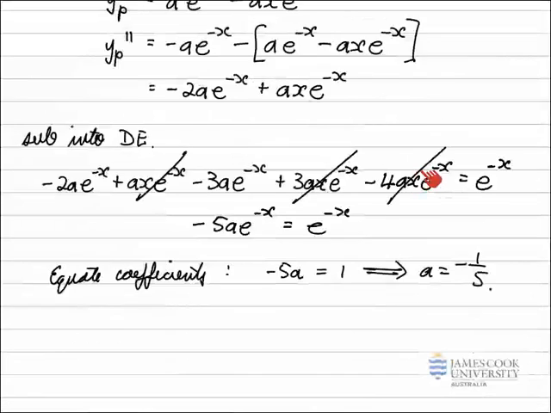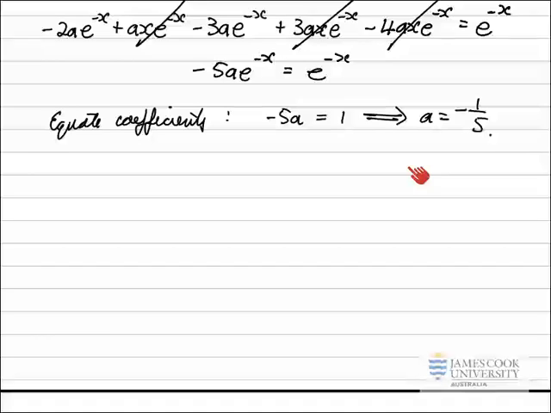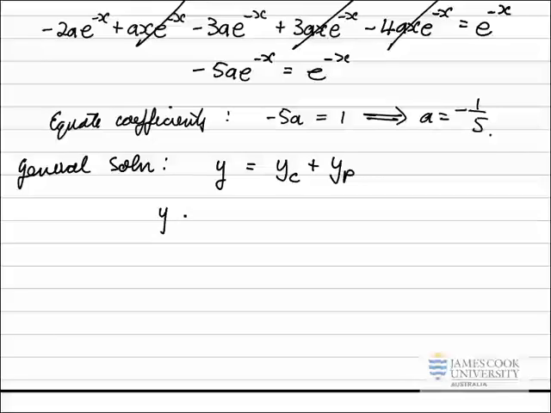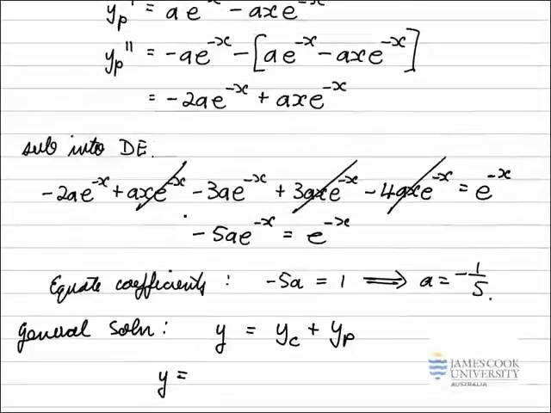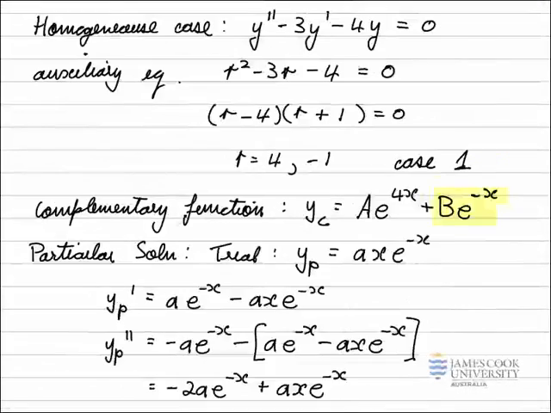The next stage in the method, though, is to write down the general solution. The general solution y now is the addition of the complementary function yc and the particular solution yp. So the general solution y is the complementary function.